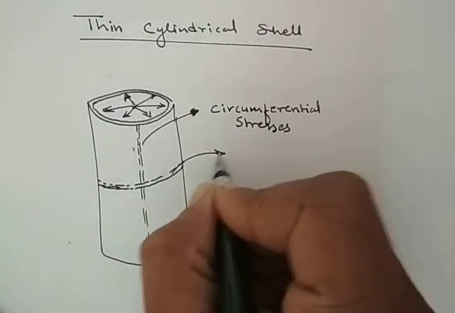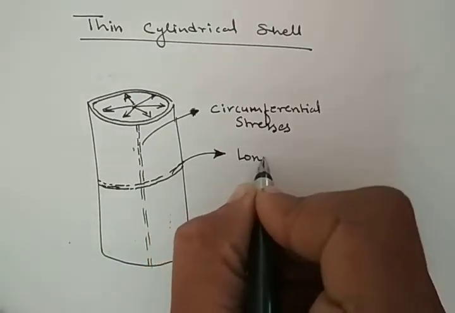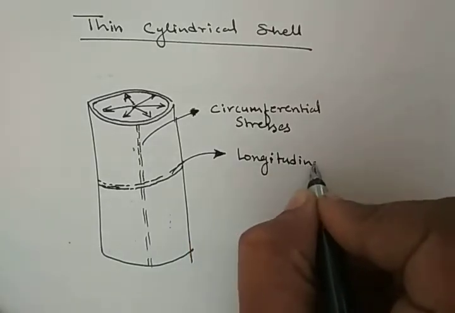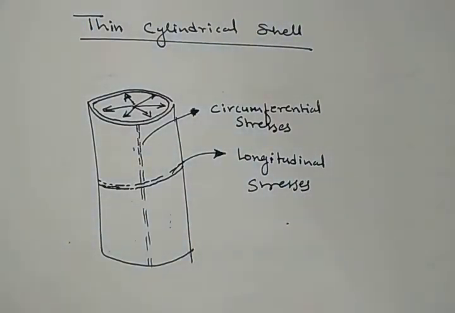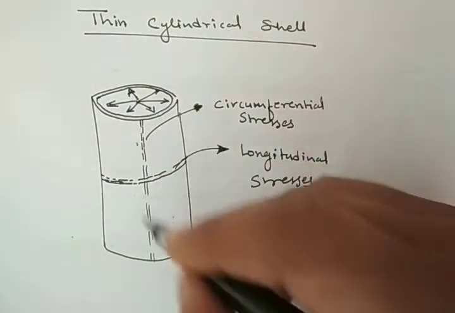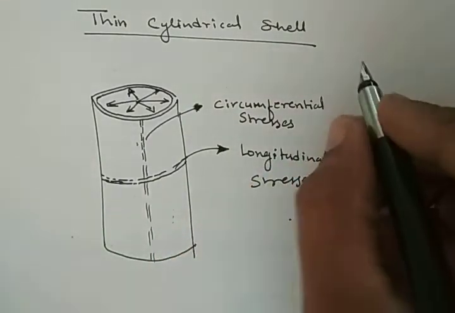And when stresses are induced at this point, we call them longitudinal stresses. These are the two types of stresses developed when you pressurize the cylinder from the inside. Now we'll see what formula we can use to measure circumferential stresses and what formula we can use to find longitudinal stresses.